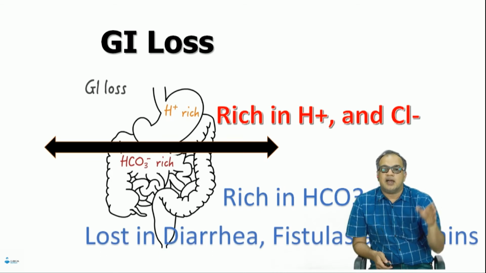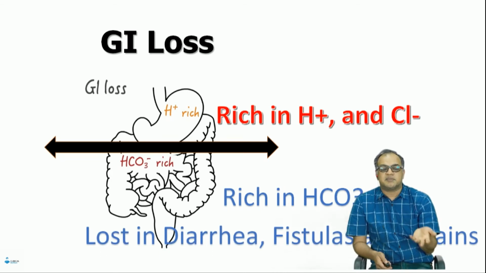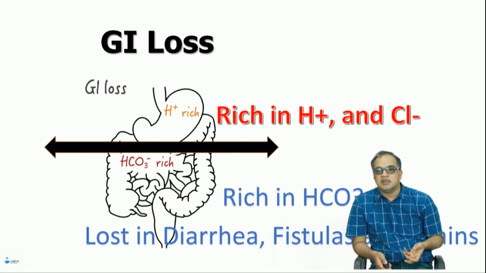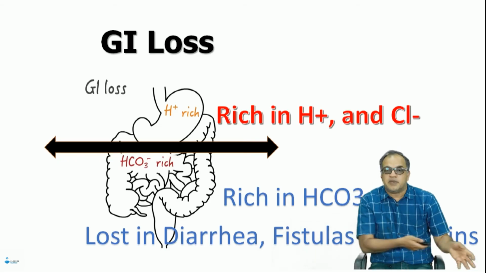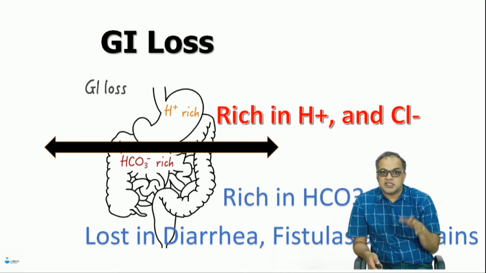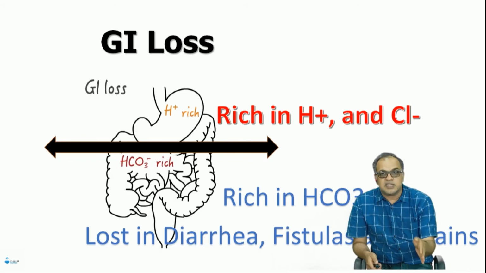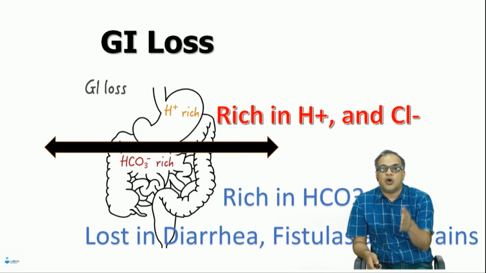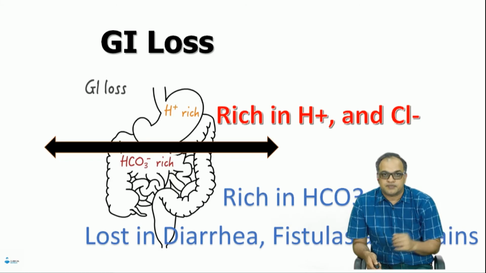This can occur in diarrhea, fistula, and drain. This is important for anesthesiologists because if your patient comes for laparotomy or any other surgery with a history of diarrhea for the last 2-3 days, or has a fistula or a drain in place, then he is losing a lot of GI fluid, which is bicarbonate rich. He will have acidosis, and it will be non-anion gap type.